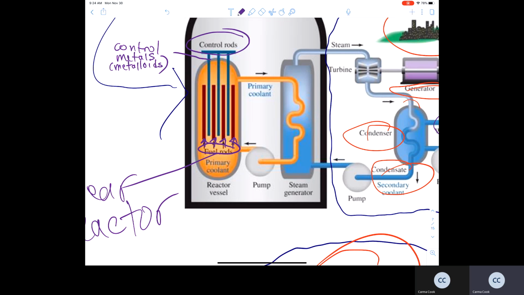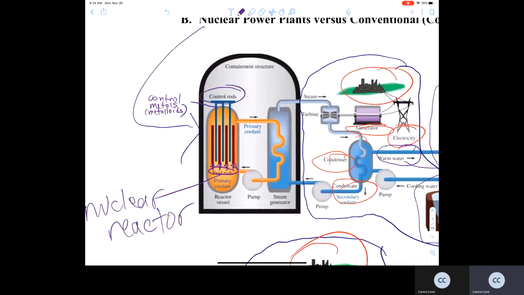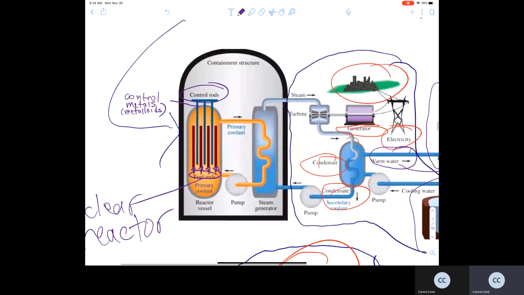And that mixture of different metals and metalloids, which includes zirconium, boron, those help control the nuclear reaction so it doesn't happen too fast and therefore basically becomes an atomic bomb instead of just a nuclear reactor. And those control rods are very important in keeping the nuclear reaction slow enough so that you don't get an explosion.